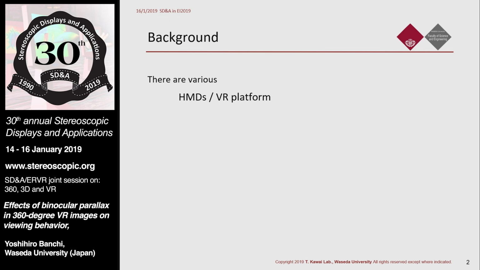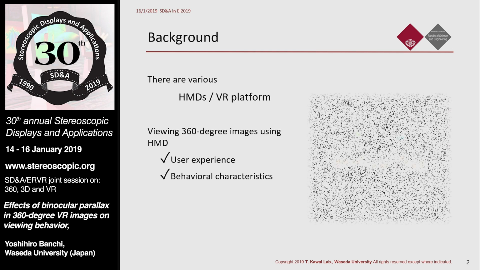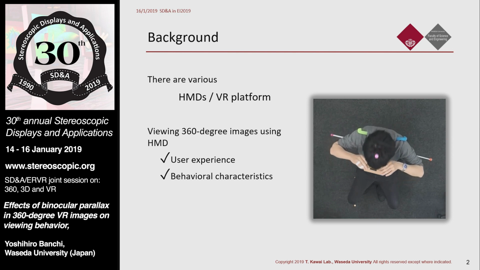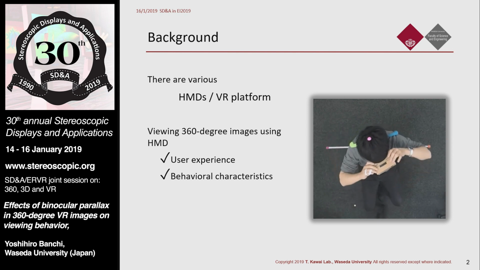In VR, it is very characteristic that there are pictures in all 360 degrees. And it is necessary to study user experience, such as optimum expression method, safety, and comfort, based on them.